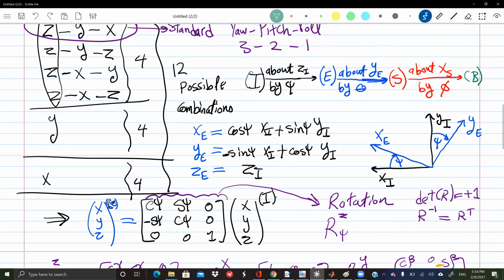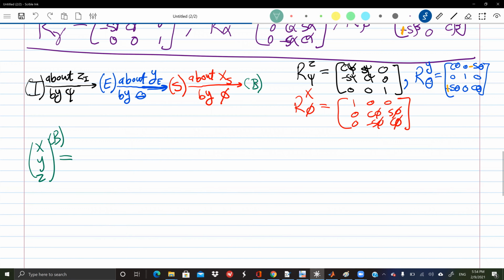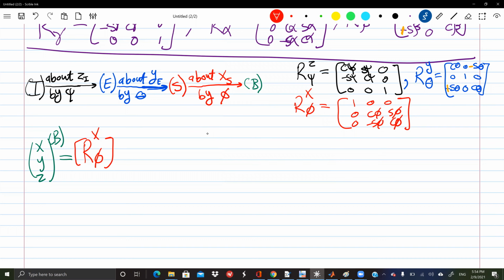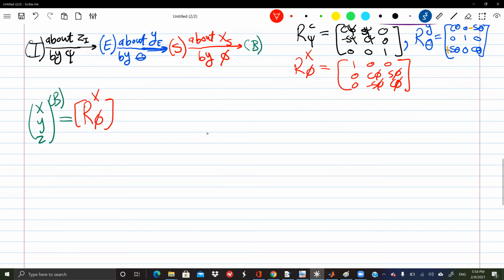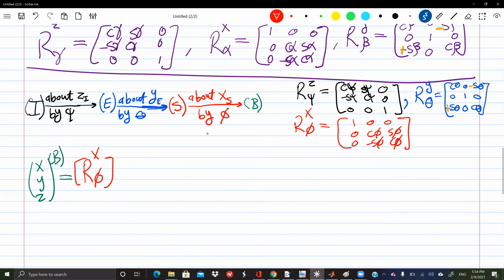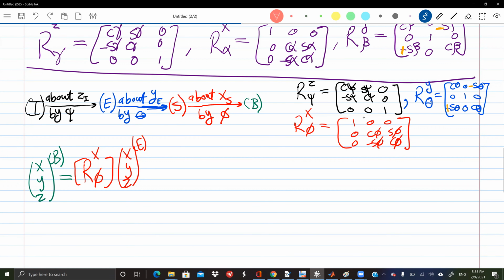I'm going to apply this equation over and over again, and we're done. So the B components, which I want, are equal to the rotation matrix R phi X times x, y, z in E. Any question about this equation? And what is this R phi X? Here it is.